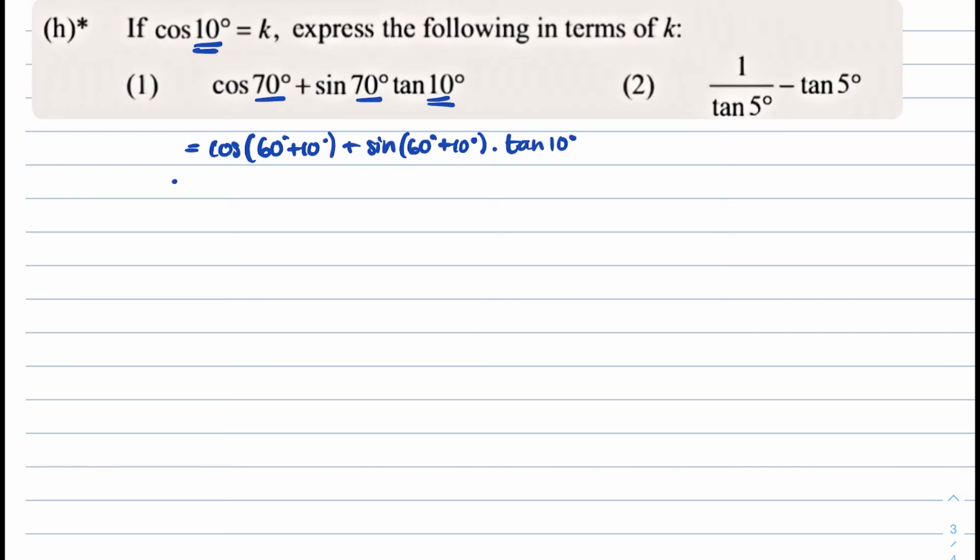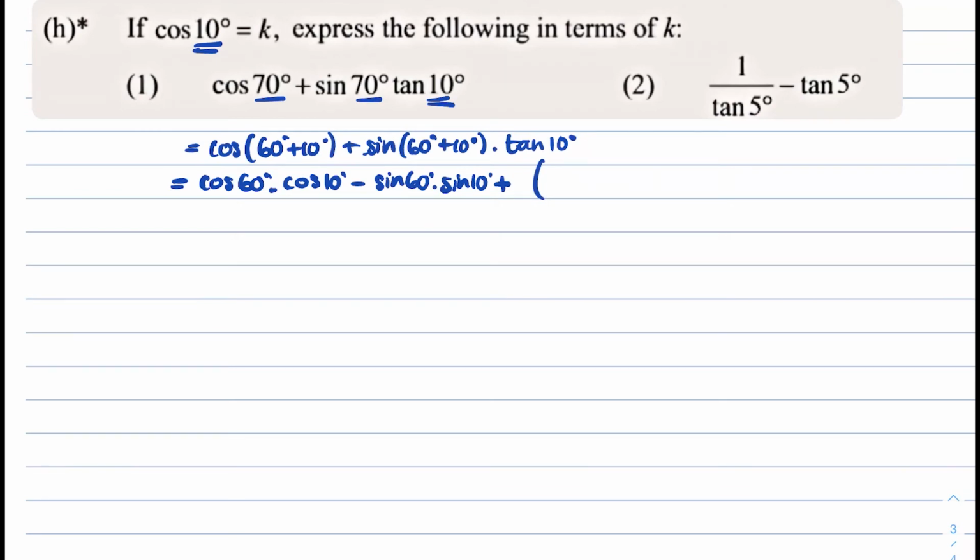Let's expand out these compound angles and see what it leaves us with. We have the cosine of 60 times the cosine of 10 minus the sine of 60 times the sine of 10. Then we're going to add, inside brackets, because this expansion of sine is going to be two terms and we're going to multiply it still by the tan of 10.